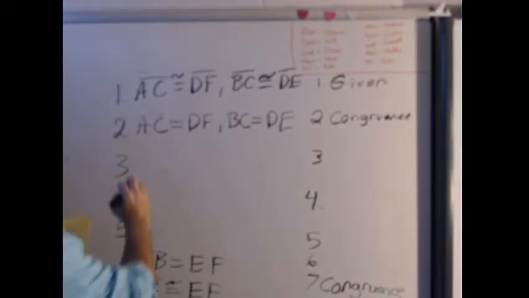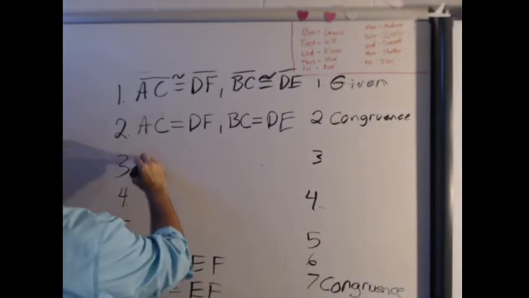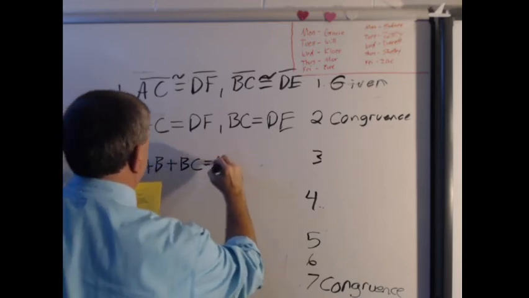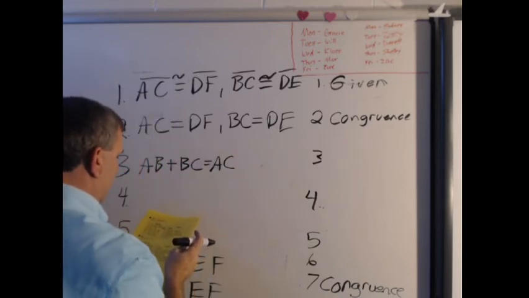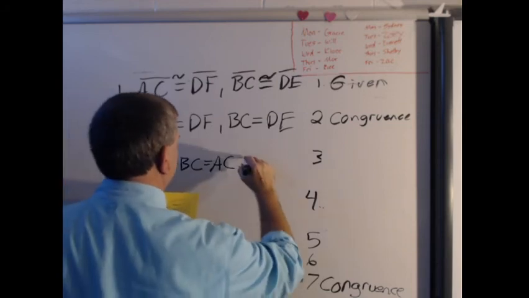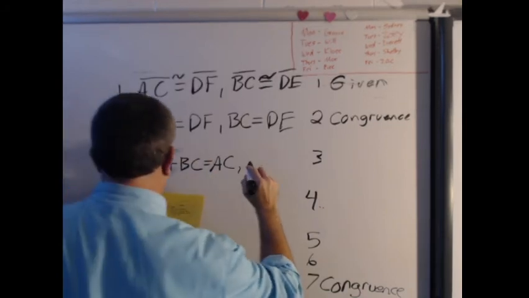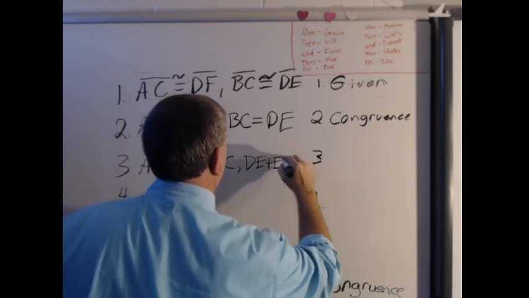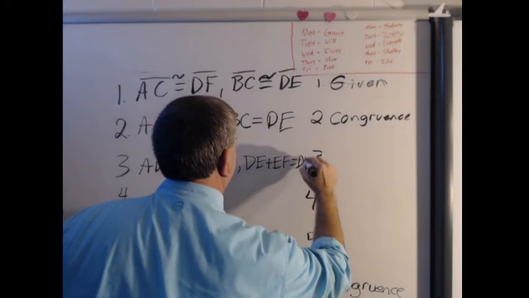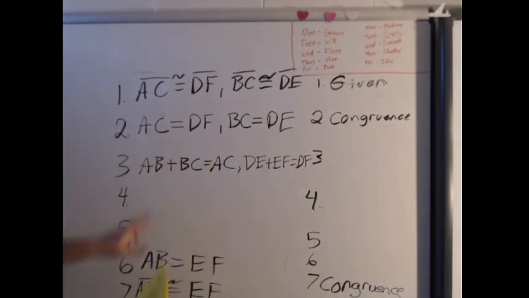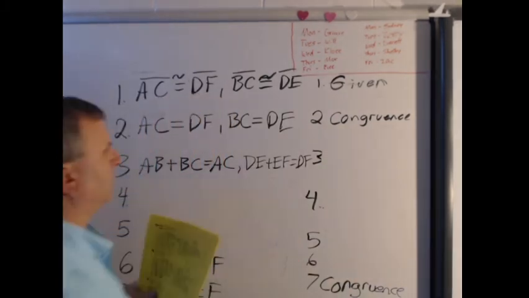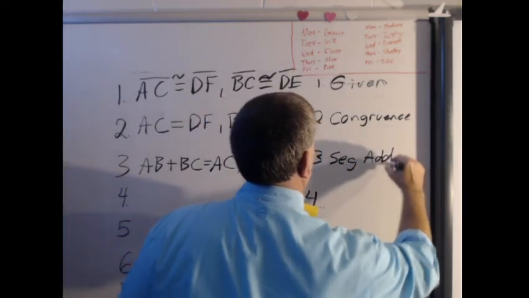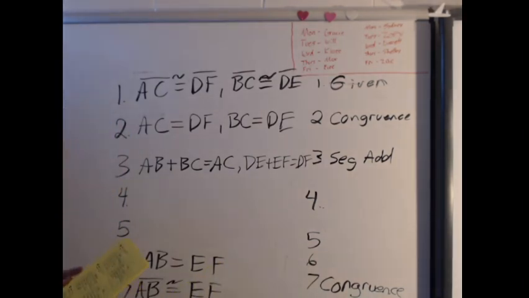So I can say that AB plus BC is equal to AC, and I know that DE plus EF is equal to DF. So I have these two separate parts. So this is going to be segment addition.